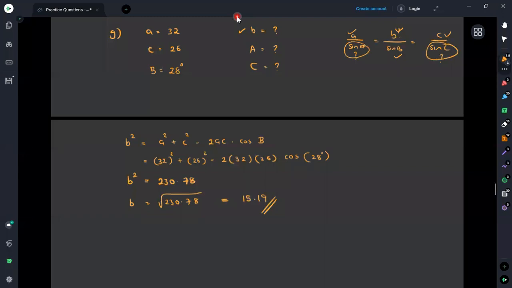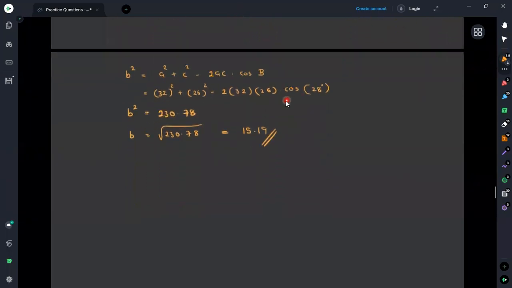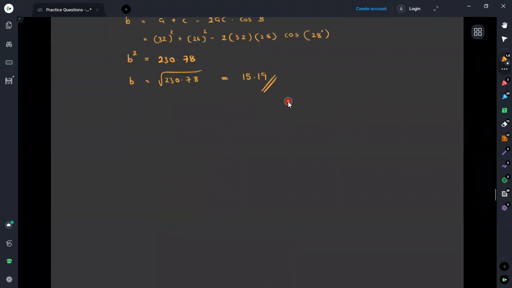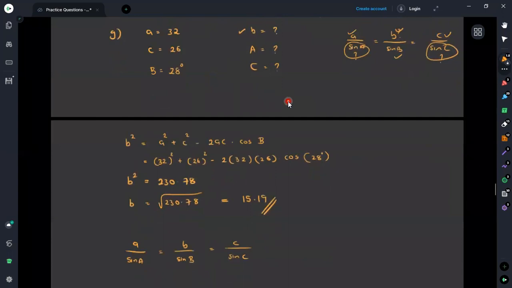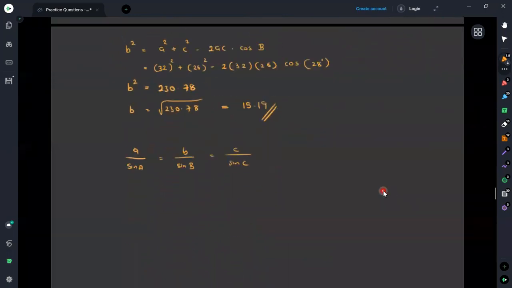Therefore, we can simply use the sine rule. If you use the sine rule, A divided by sine A is equal to B divided by sine B is equal to C divided by sine C. According to the values provided, A is equal to 32.